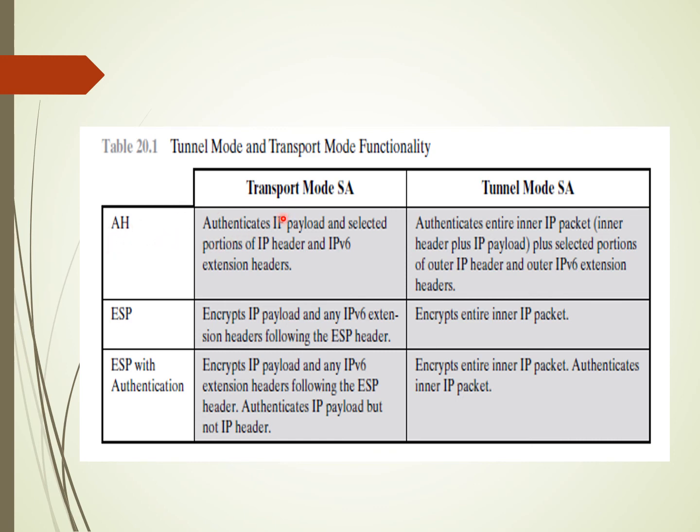For transport mode, the authentication header authenticates the IP payload and selected portions of the IP header, and it can be applicable to the Internet Protocol version 6 extension header. So in transport mode, there is no security for the original IP header. In tunnel mode, it authenticates the entire inner IP packet, as I mentioned.